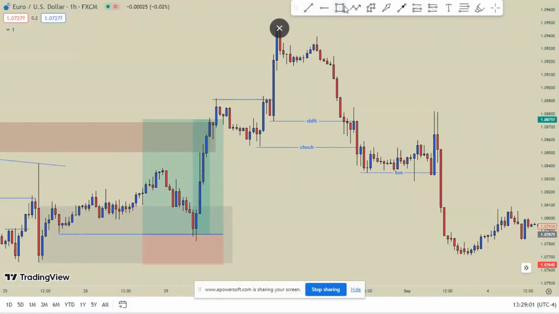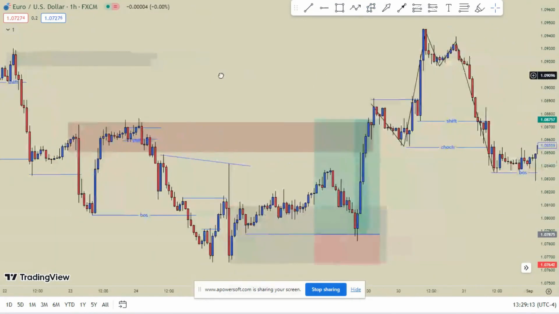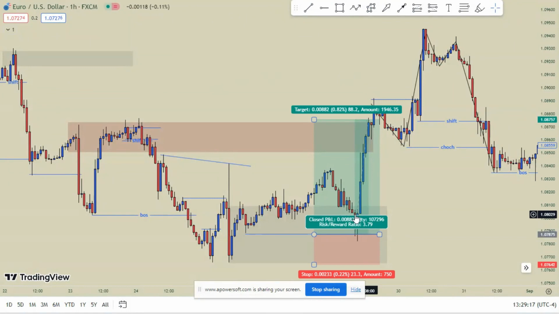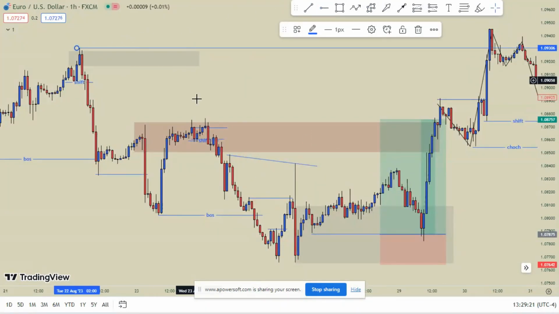So now the market came, they bought, and now it sold. If we can look a little bit, I told you we would buy. If we got a shift, then this would have been our take profit point, because this was the initial shift, where this was the origin.